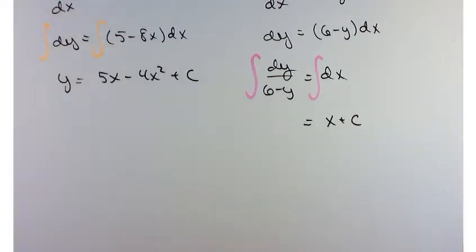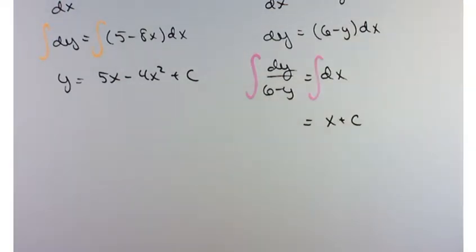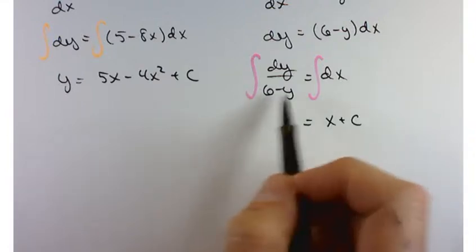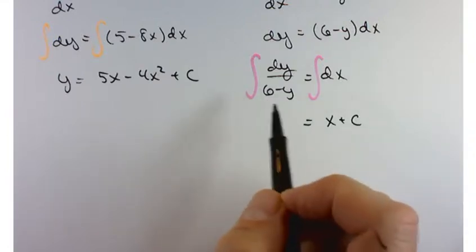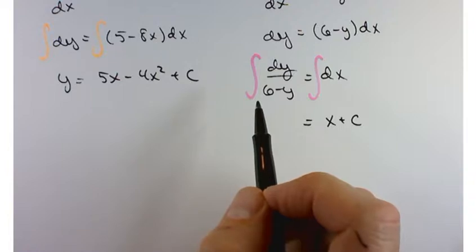We need that there. On the left-hand side, what are we going to do to integrate the left-hand side? Good question. We can't separate this because it's in the denominator. You could bring it up with a negative exponent, but it's not really going to change the work that you have to do.